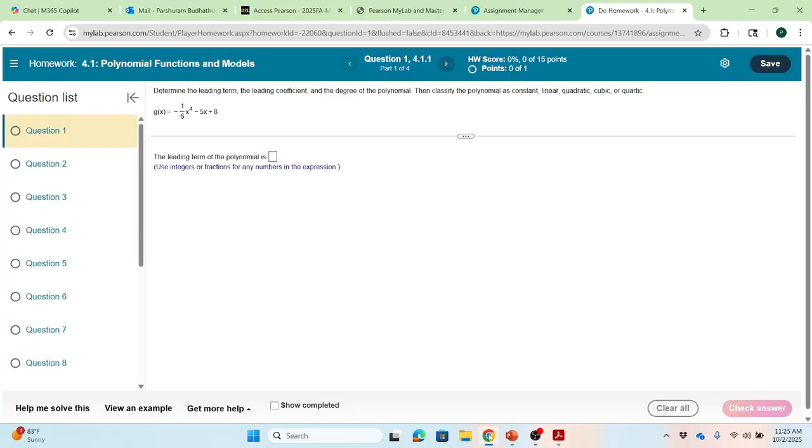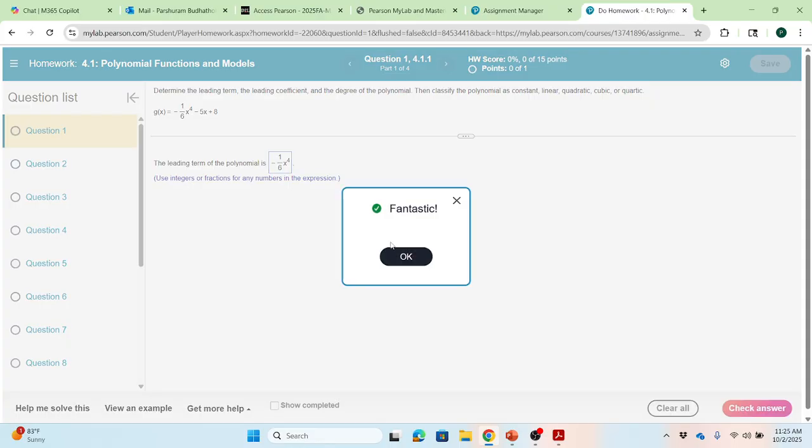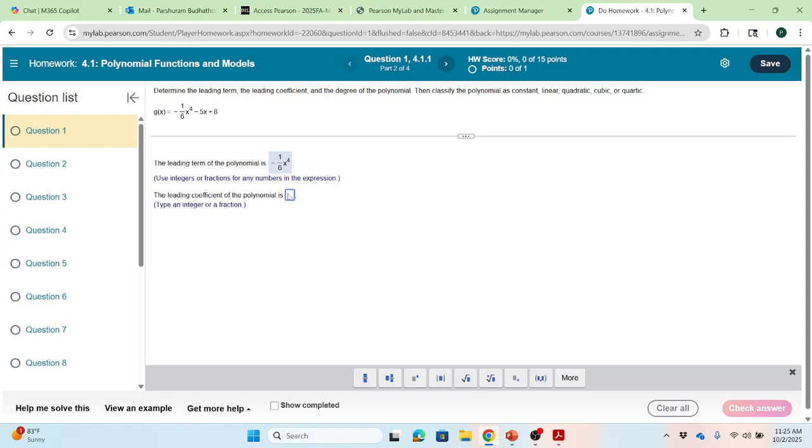So let's look at some examples here. Determine the leading term. The leading term means the highest degree. If you go from left to right, the highest degree is this one. So just copy everything here, which is negative 1 over 6 x to the power 4. That's the leading term of this polynomial. What is the leading coefficient? The leading coefficient means the number with the sign for this x to the power 4.